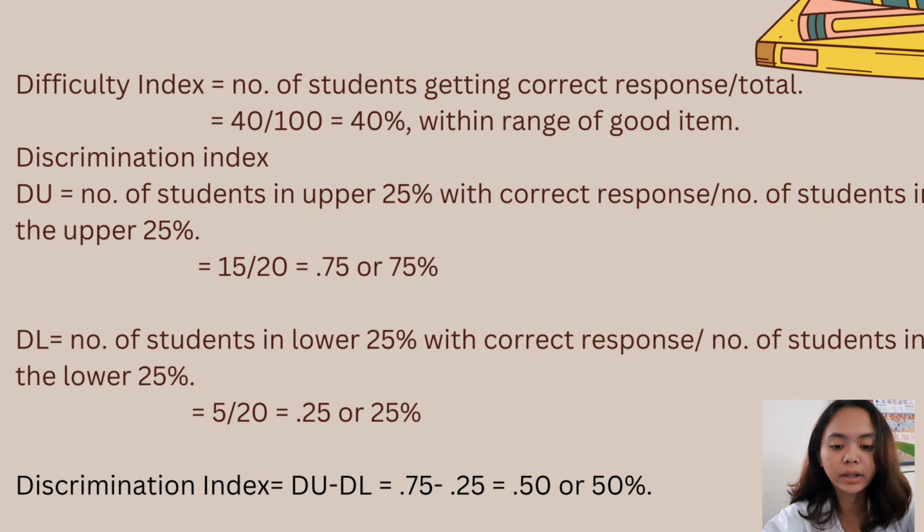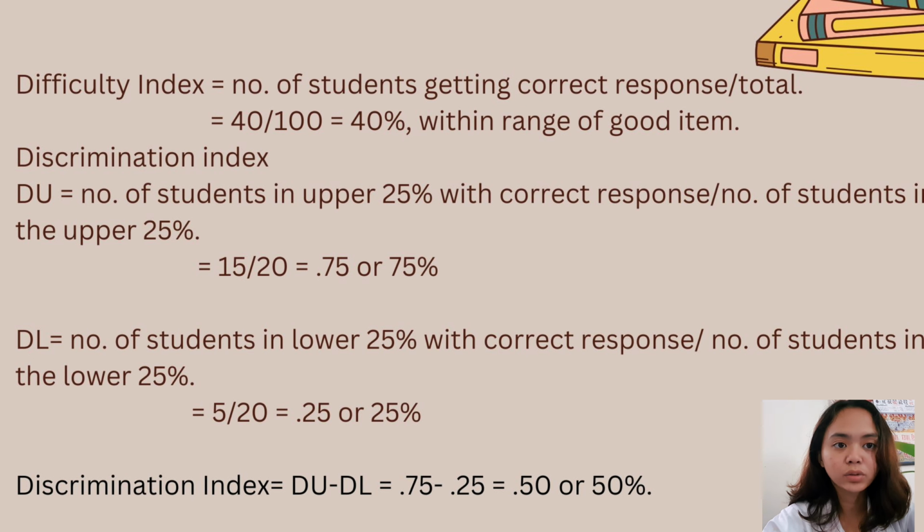So, 15 divided by 20 is equal to 0.75 or 75%. And DL naman, the number of students in the lower 25% with correct response divided by the number of students in the lower 25%. So, 5 is the number of students in the lower 25% with correct response. So, ang students lang na nakakuha ng correct response ay 5 lang sa lower group.